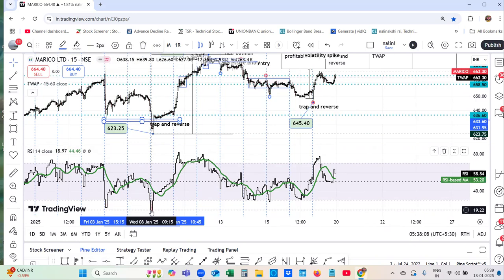Here, RSI in oversold position, it has trapped the liquidity beneath this and it has reversed. That is on Thursday.